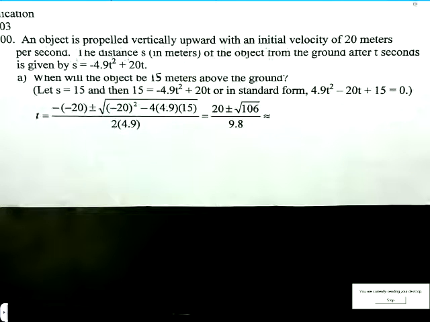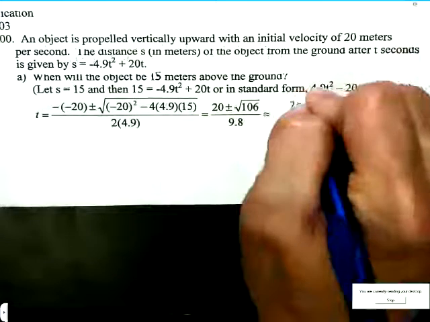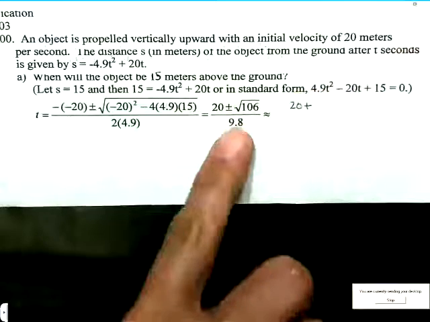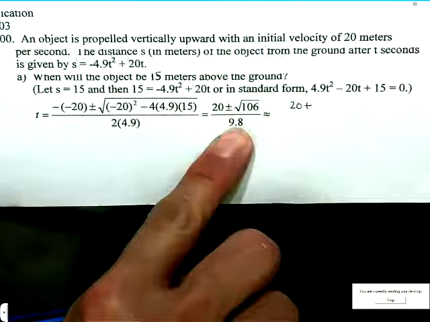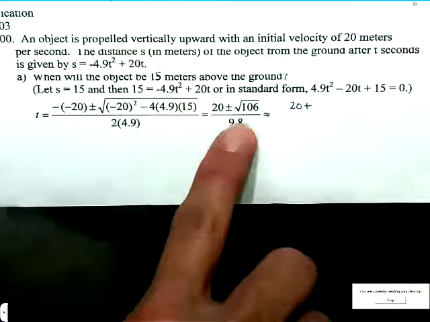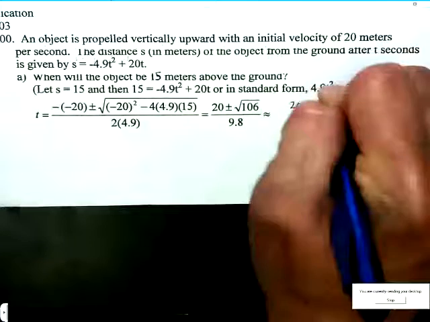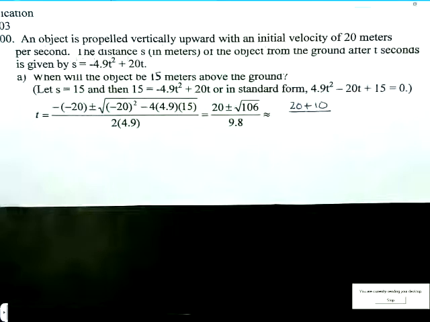Now again, without a calculator, just think what this is close to. That's close to 20 plus, what's square root of 106 darn close to? 10. It may be 10.1 or 10.2, but it's very close to just 10. So it's close to 20 plus 10 divided by, what's 9.8 darn close to? 10.